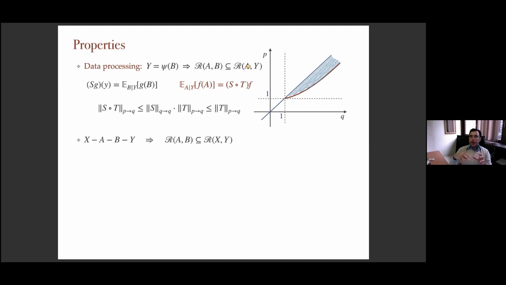in the previous slide we saw that the hypercontractive ribbon for the independent case is the largest possible set, and this says that this monotonicity holds in the direction that the hypercontractive ribbon expands. If you locally manipulate your data, then the correlation, when measured in terms of the hypercontractive ribbon, gets larger.